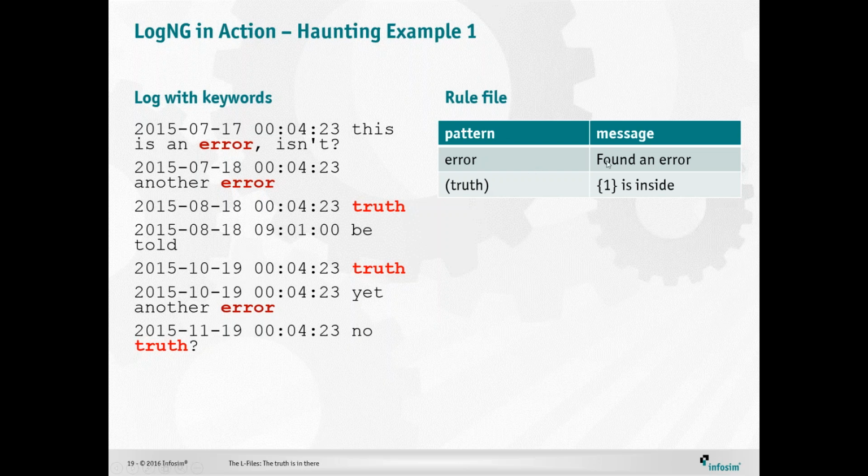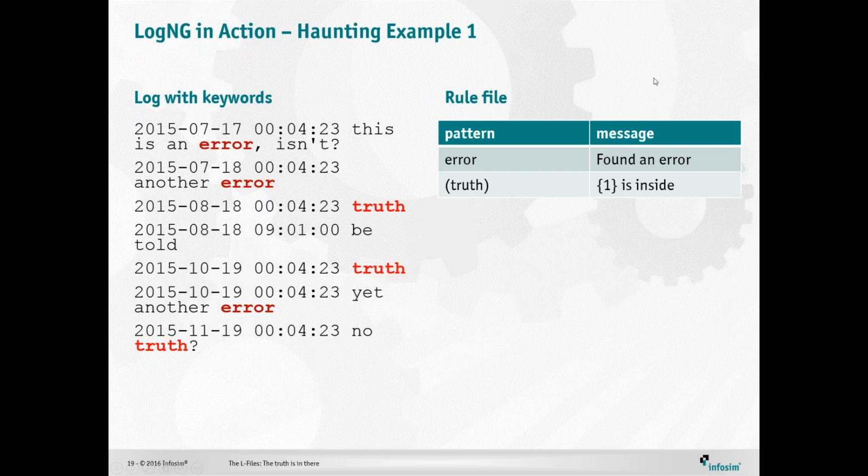In the first case, you just add 'found an error' to the output if the error pattern matches. In the second case, you grab the first capture group of the pattern and add it to the output. So the one in curly braces basically will be replaced by truth.